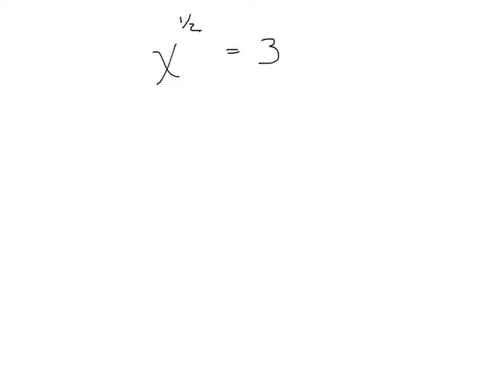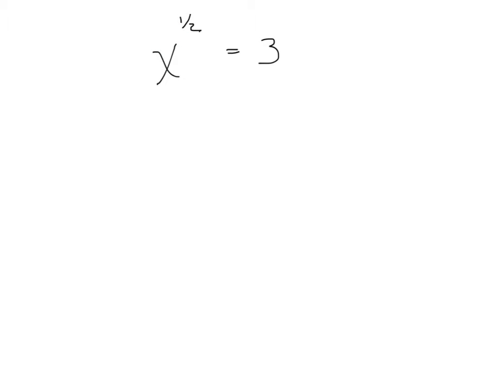So this one's a little different because it has a fractional or a rational exponent. Keep in mind when we looked at these rules, if you remember, when you have a rational exponent, the denominator is the root and the numerator is the power. So this is x to the first power, which is really just x, square rooted.